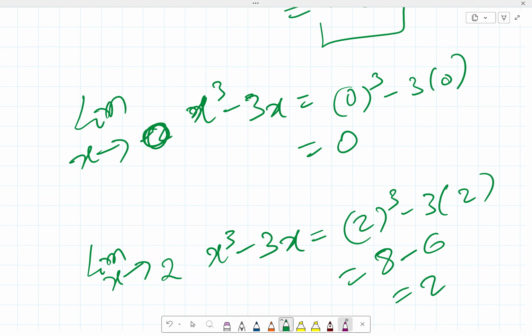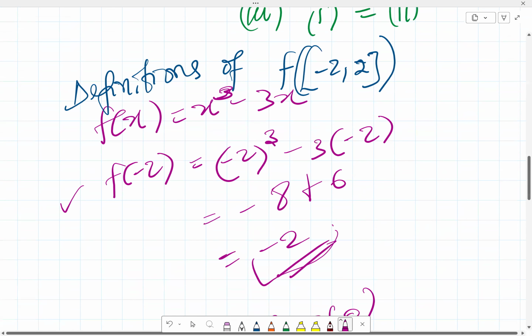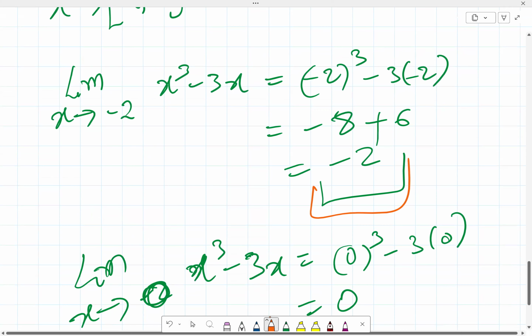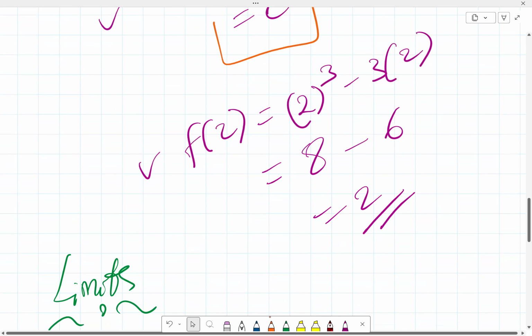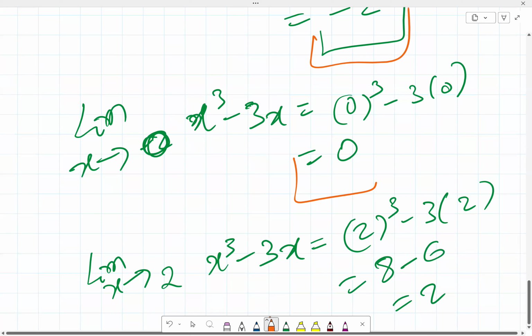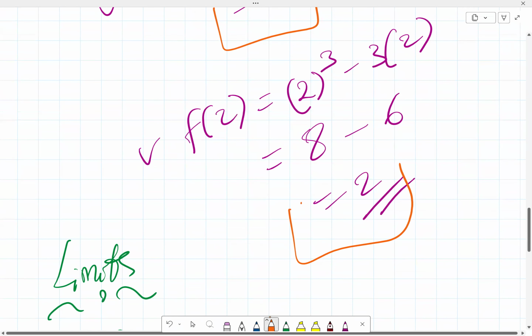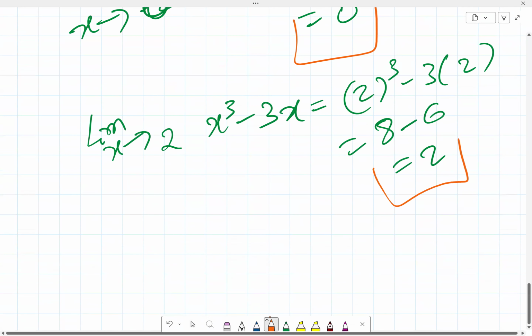So we see that we have -2 when we evaluated, and we have -2 when we took the limit. The same is true at 0. And we have 2 when we evaluated at 2, and 2 when we took the limit at 2.